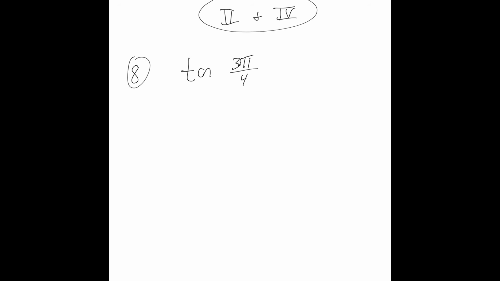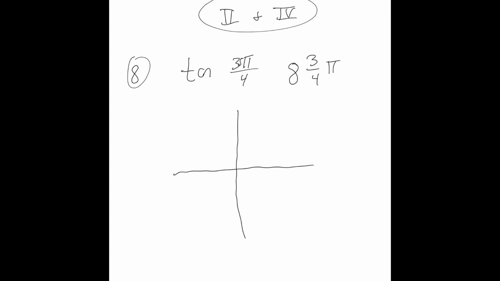All right, 8, tangent of 35 pi over 4. We need to figure out where exactly that is on the unit circle. It may help you to rewrite this as a mixed number. 35 divided by 4, 4 goes into 35 8 full times, and there are 3/4 left over.